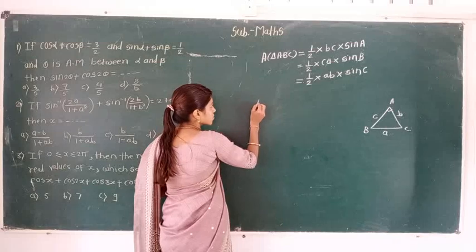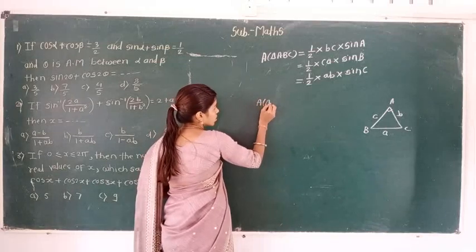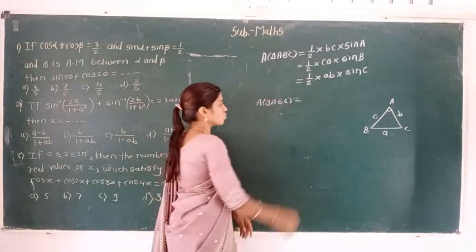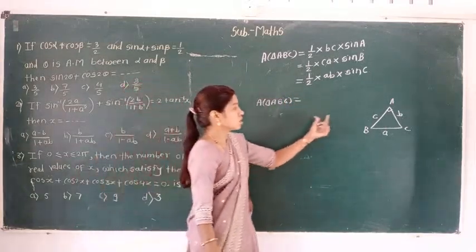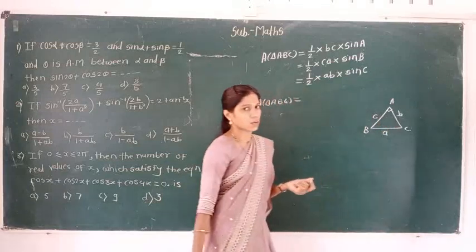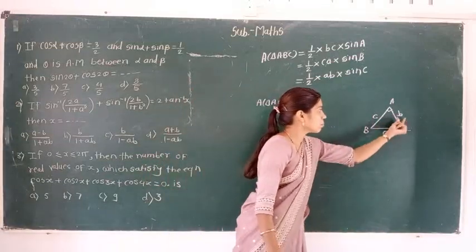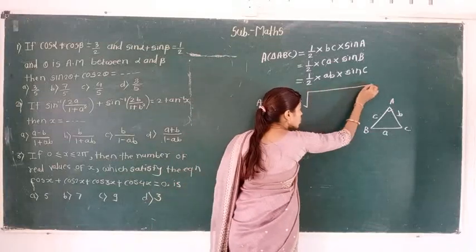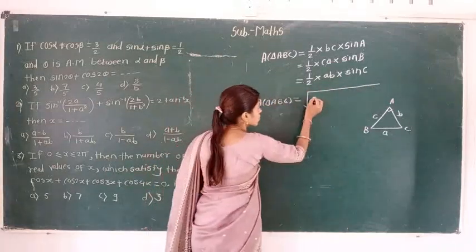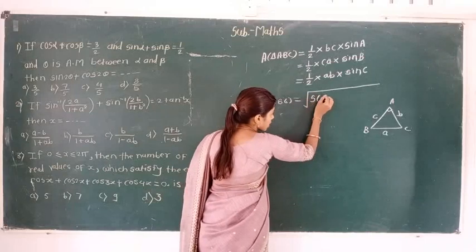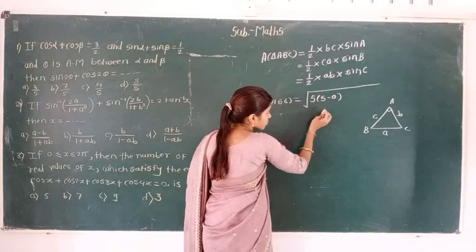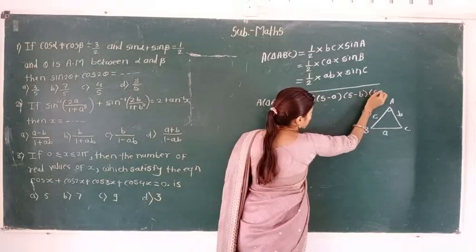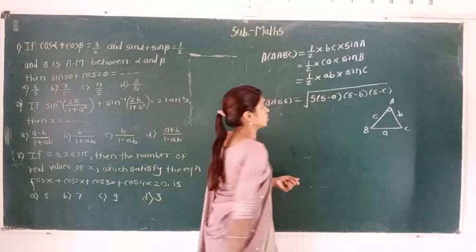Now the second formula for area of triangle ABC. If we are given the three sides of triangle ABC, a, b and c, use Heron's formula, which we already learned: square root of s into (s minus a) into (s minus b) into (s minus c).